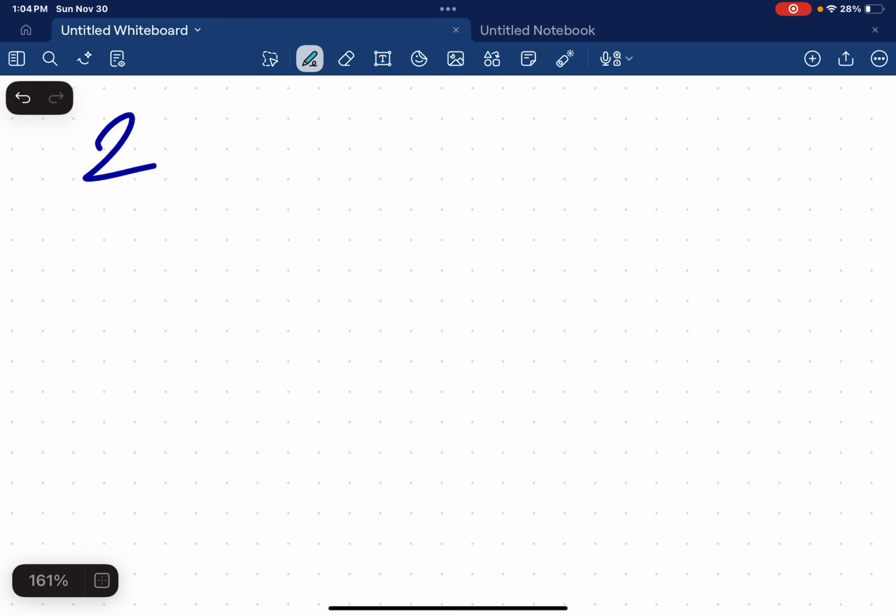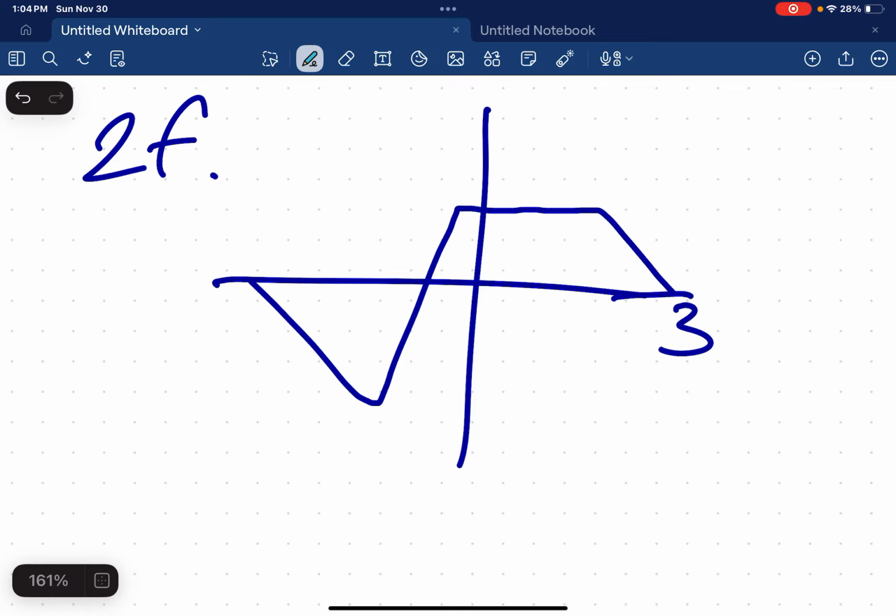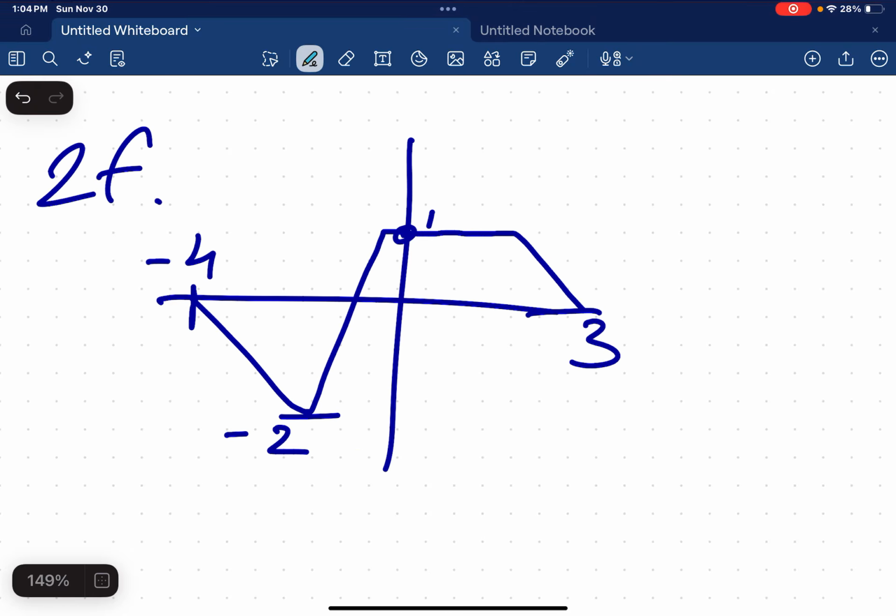Okay, 2F. We're given this little thing. This kind of looks like something you would see in physics. This is going to be 1. This is going to be -2. And this is going to be -4. This passes the vertical line test, so it is a function.